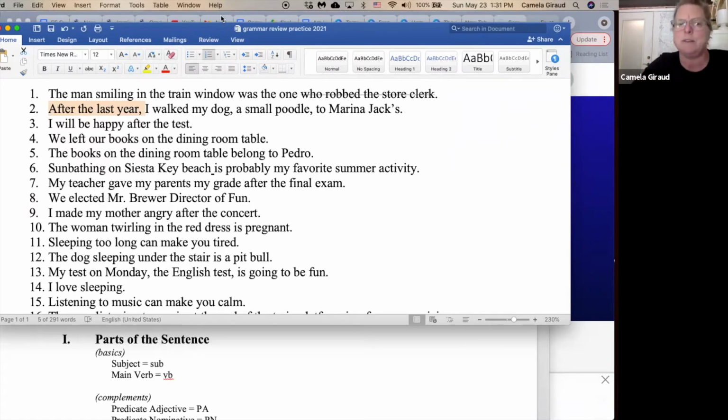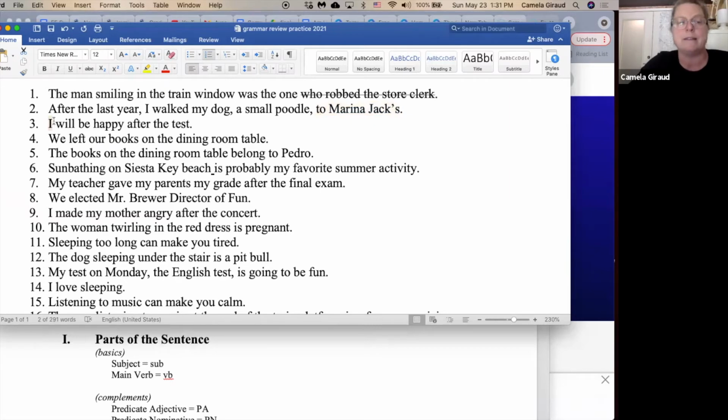That one has to do with time, so that's an adverb prep phrase. Here's the subject, I walked, that's an action verb. Who or what did I walk? My dog, so that is the direct object. Oh, here's some commas and a renaming, that's an appositive. To Marina Jacks, where did I walk the dog? So that's adverbial. And it's a prep phrase adverb.